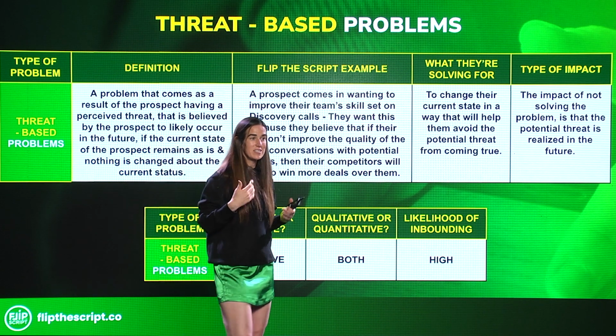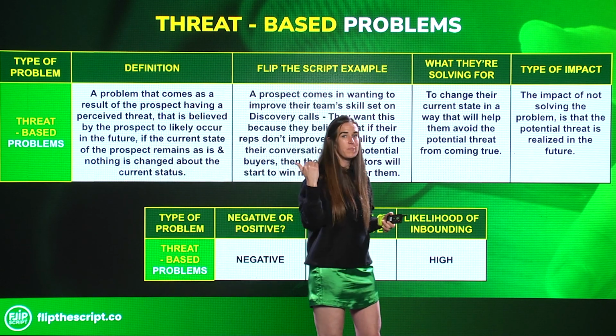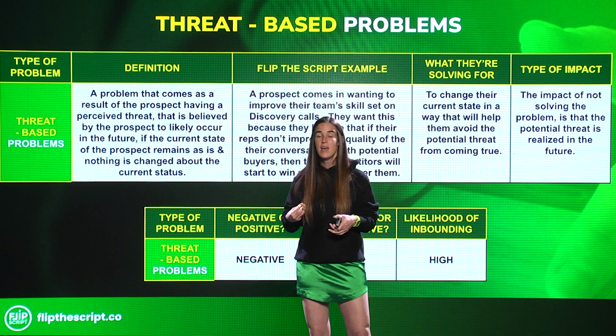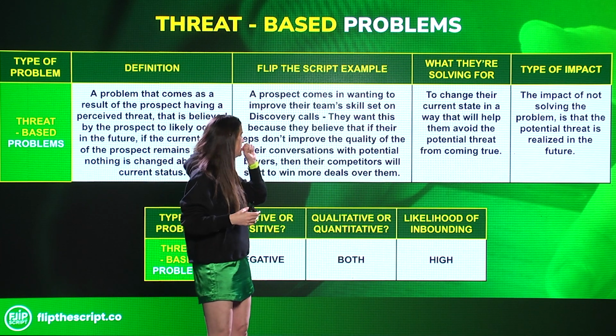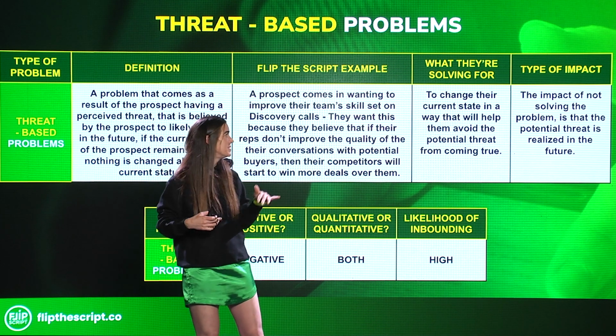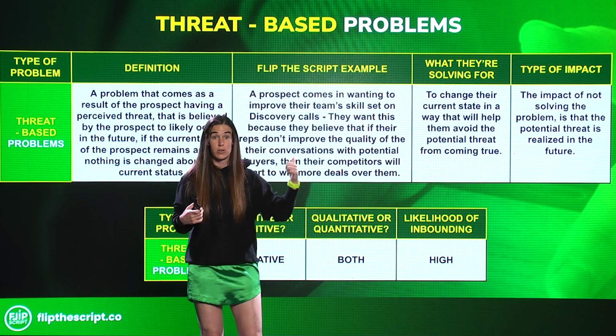But this essentially is a type of problem where someone's trying to avoid a potential threat that they believe is going to happen if they don't solve for it in the present. And the impact of not solving this problem is that the potential threat does come true in the future.